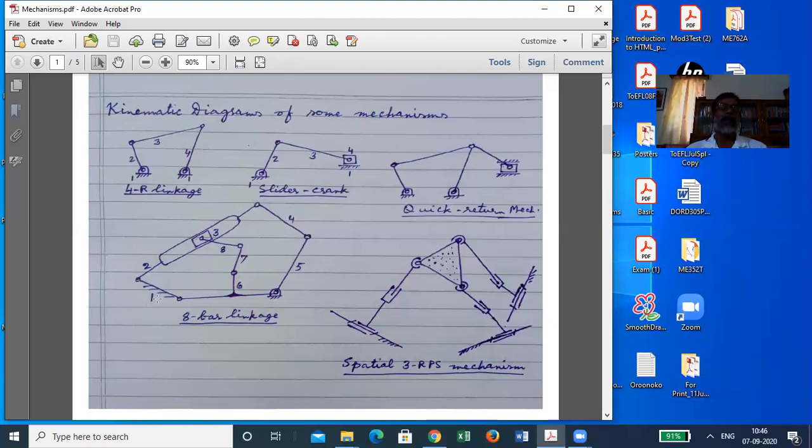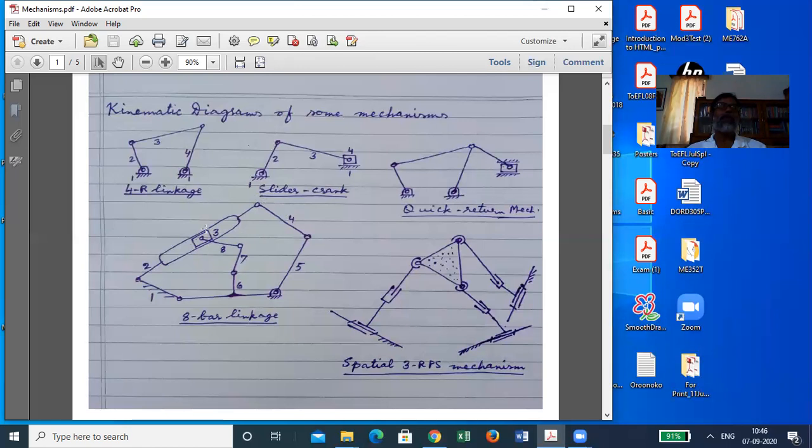Okay. So this is a fixed link 1, and it is binary because it is connected here with one link, here with another link. Now this link 2 is actually a ternary link. Here it is making a revolute pair with 1. Here it is making another revolute pair with 4, and in between here it is making a prismatic pair with 3.